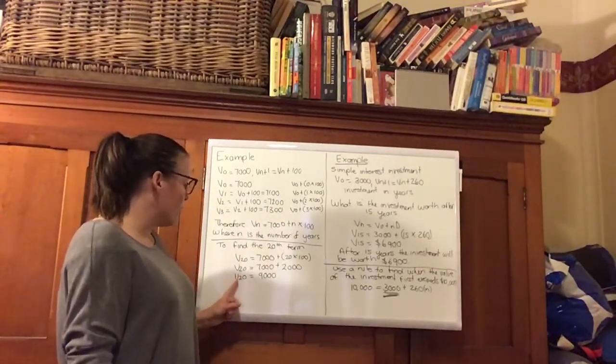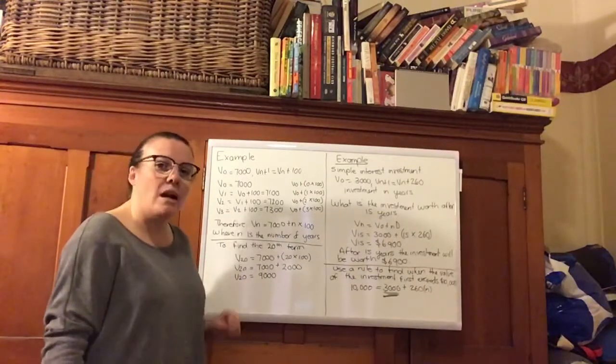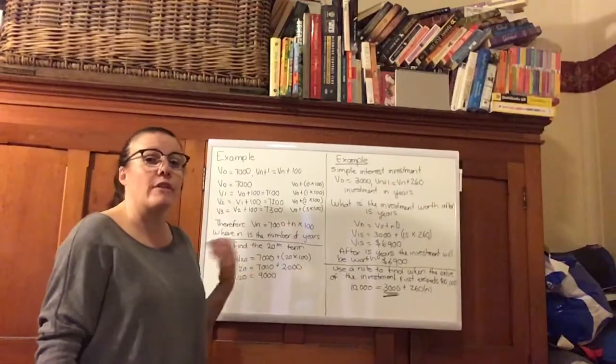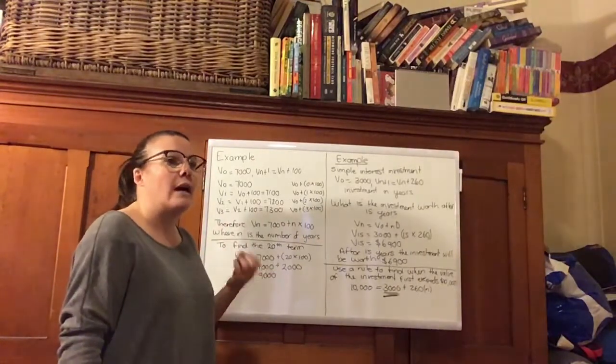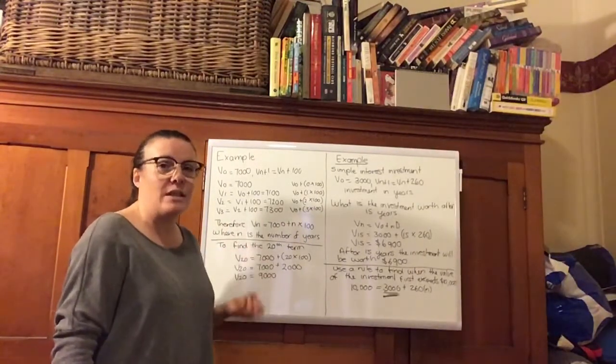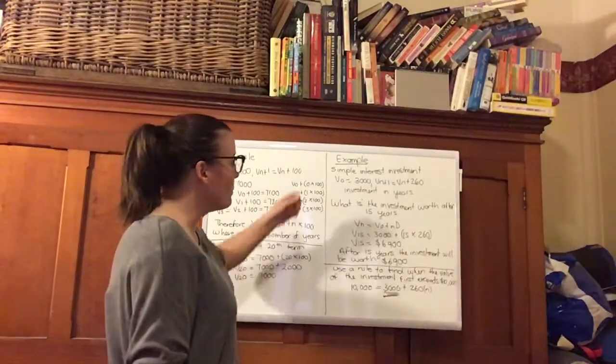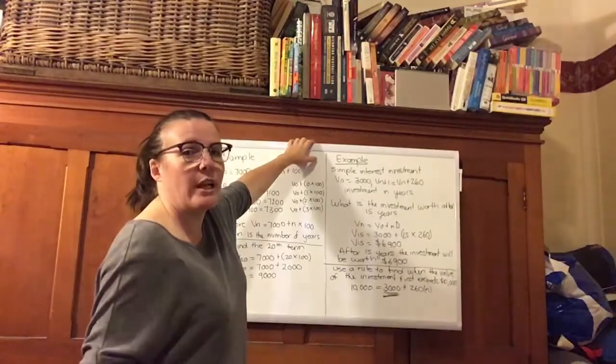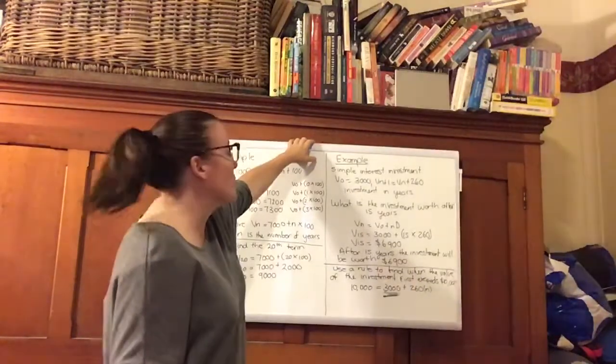So the value for V20 is 9,000. And this is all in cases of simple interest or investments that are giving simple interest, or depreciation, where it's depreciating by exactly the same amount.